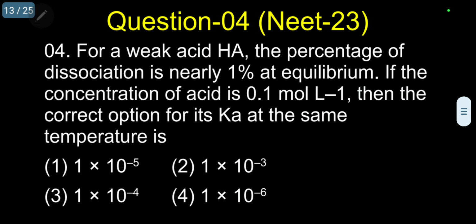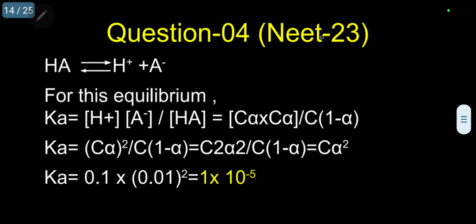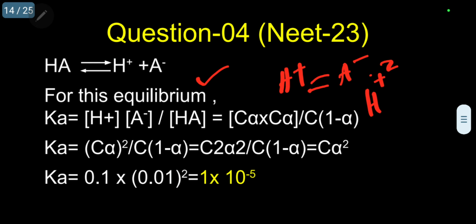Kindly follow. So what is the ionization constant? Now with the equation you must know. Suppose you take a weak acid HA, ionized to H plus and A minus. For this at equilibrium, normally H plus will be equal to the ion A minus. So from a practical point of view, we can simply write H plus whole squared, H plus into H plus.